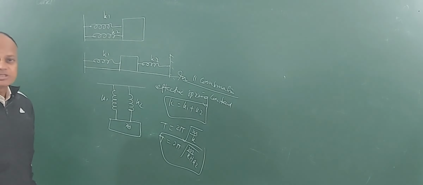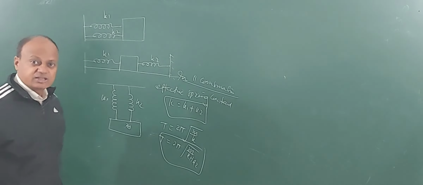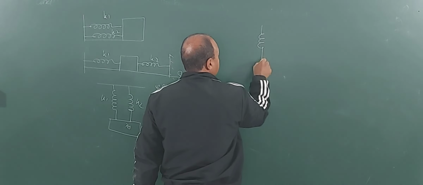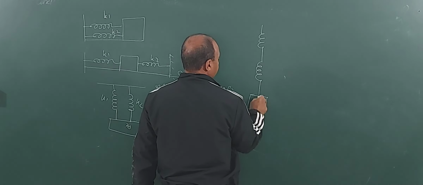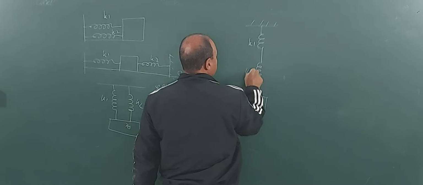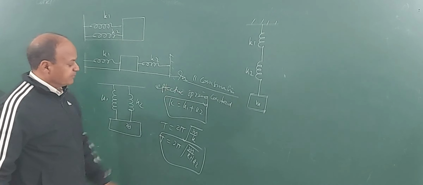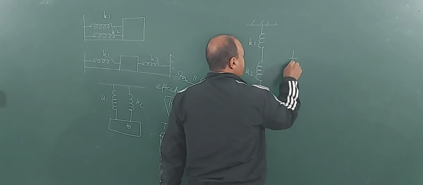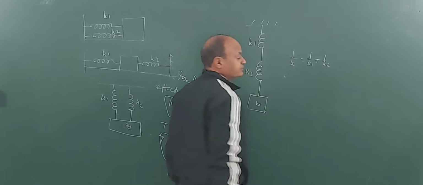But we can have a situation where the springs are connected through a series combination. So if I have a case of series combination, it will be something like this, and here I have a mass M. This is K1 and this is K2, right? So in this case, spring constant K is given by 1 by K is equal to 1 by K1 plus 1 by K2.